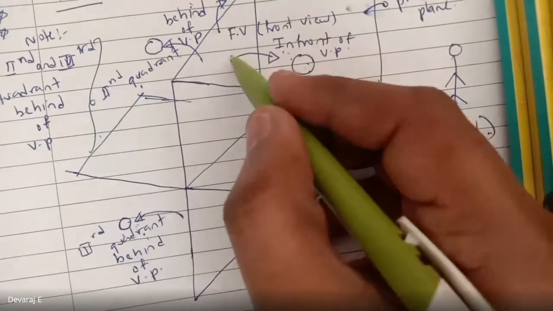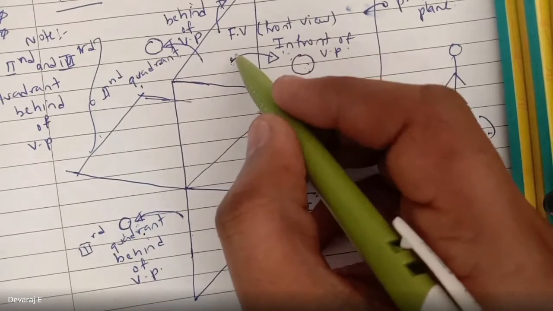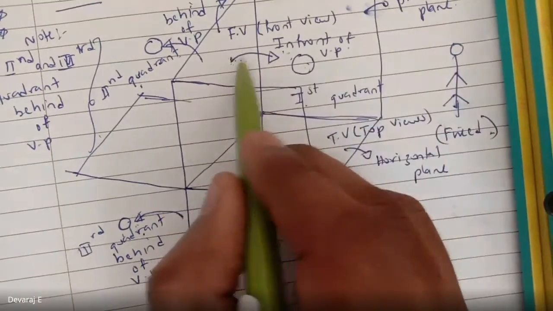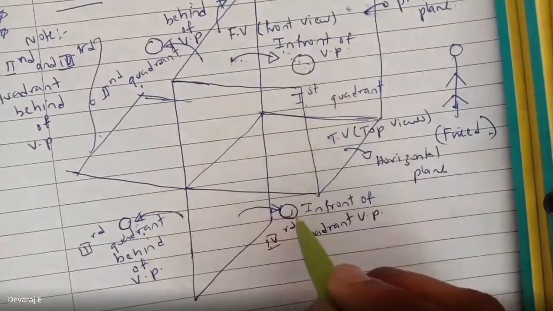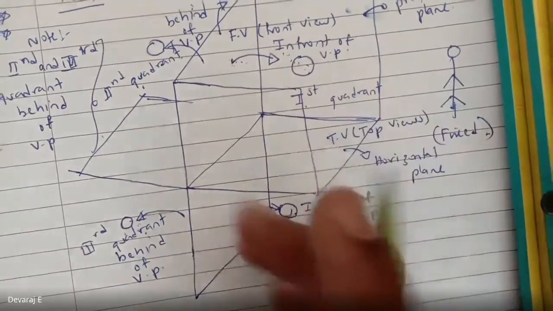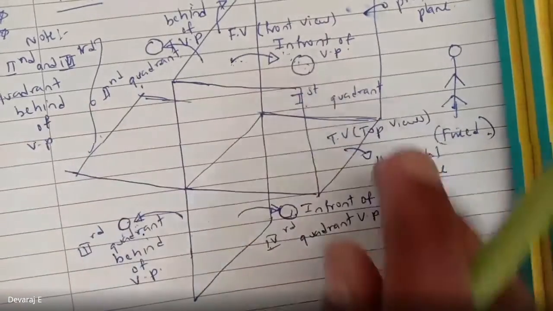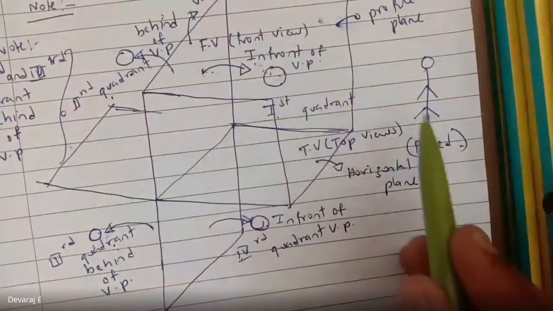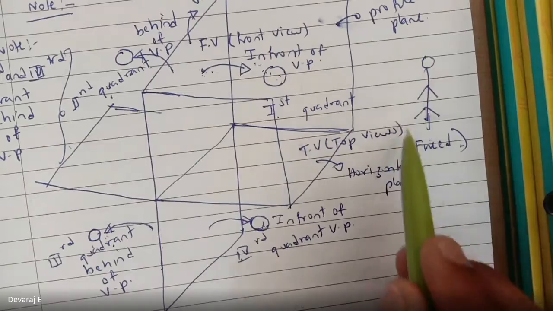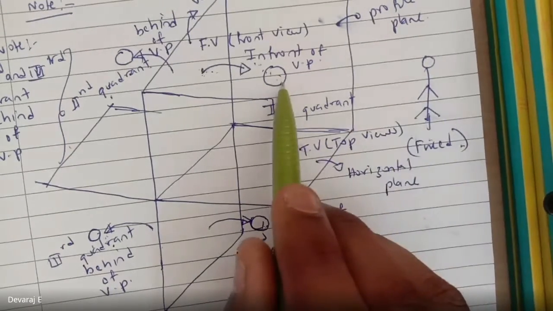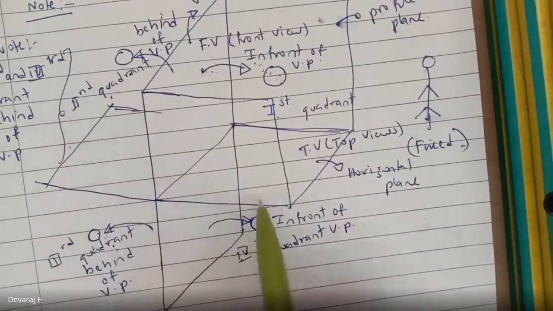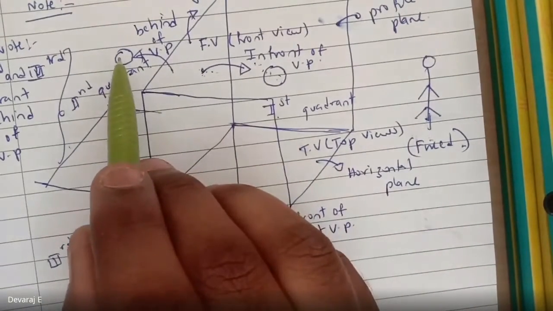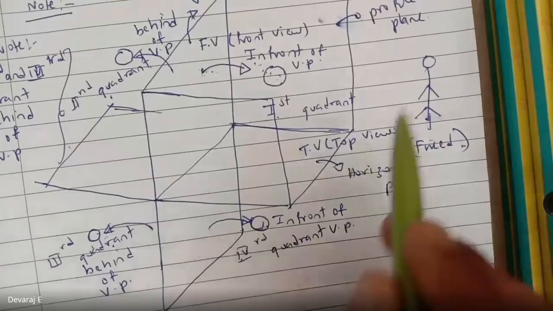So this is your front view, or the vertical plane. If you keep the ball in the first quadrant and the fourth quadrant, it is called in front. The observer is fixed, as I told you. He will be sitting here trying to view the object. That is irrespective of where the object is, whether in the first, second, third or fourth quadrant.